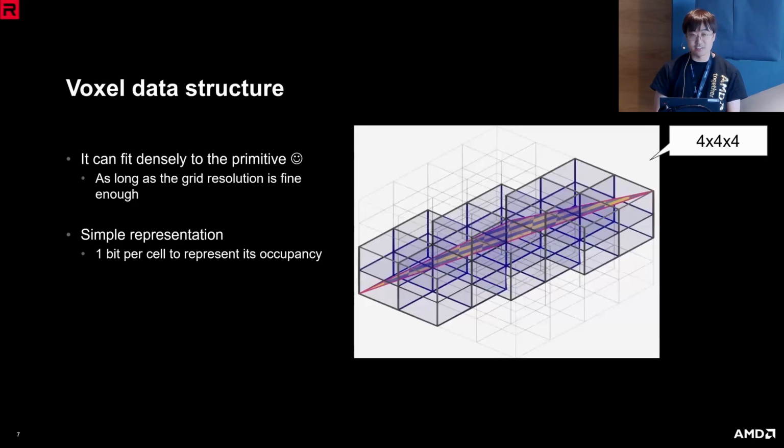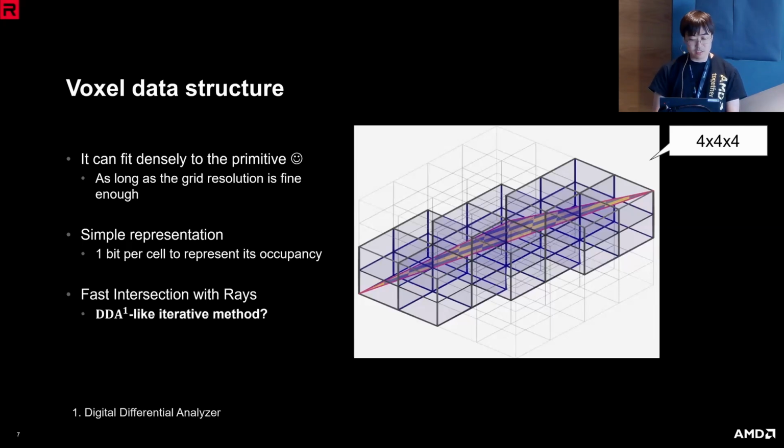Second, the data structure can be very simple. 1 bit per cell is used to represent its occupancy. And third, there is an efficient way to intersect with rays. Digital differential analyzer, DDA-like iterative method is a good candidate for such a case.